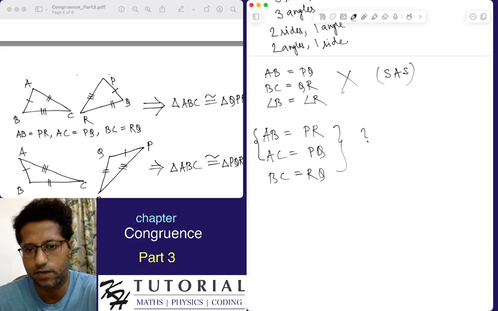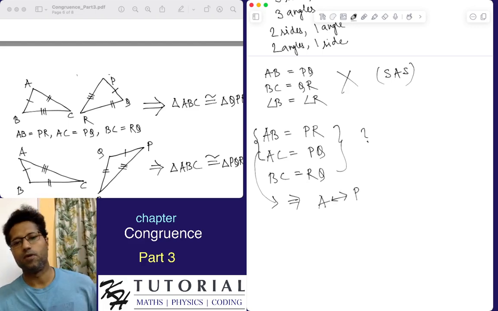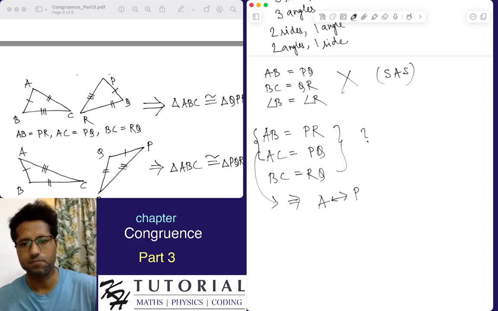In the two sides of the triangle ABC, AB and AC, the common letter is A, and the corresponding common letter in the triangle PQR is P. So this ensures that vertex A has been mapped to vertex P.